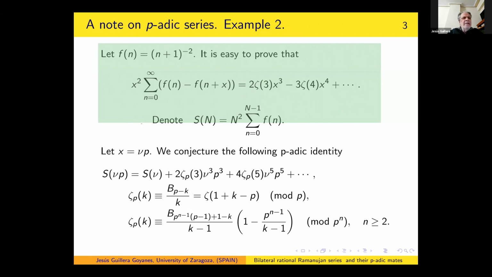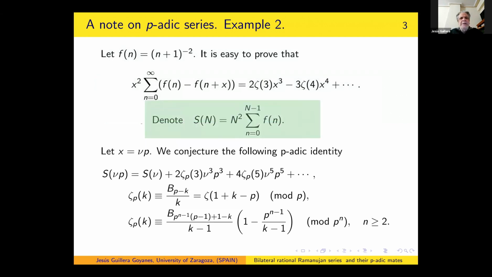If we denote the function s of n, square root of n multiplied by this summation, we see that we need this factor square root of n because the function f has in the denominator, when n reaches big N, which is a multiple of p, a square root of p in the denominator. So we need a square root of p in the numerator as well.